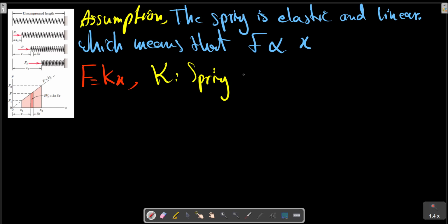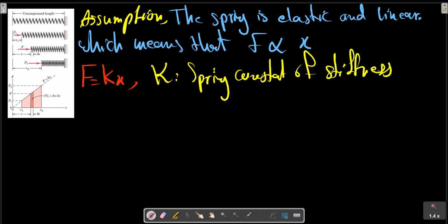The work done on the spring by F during a movement can be calculated with this relation: delta U equals F delta x in the direction of displacement.